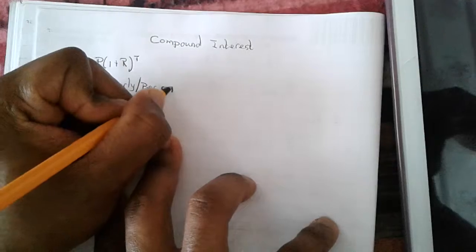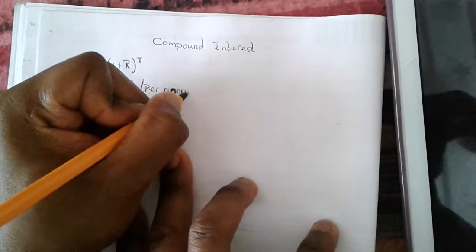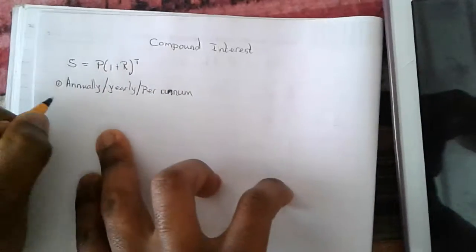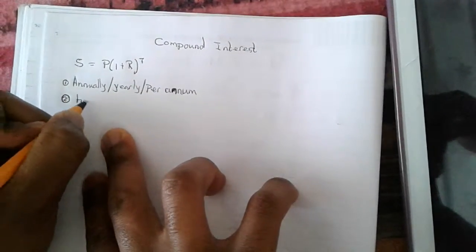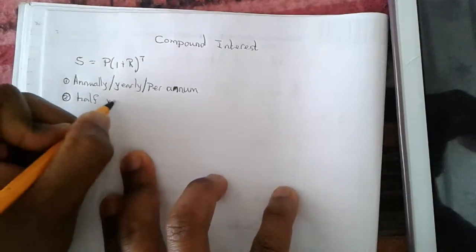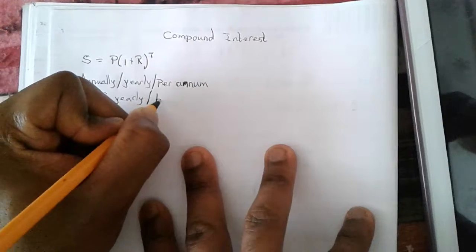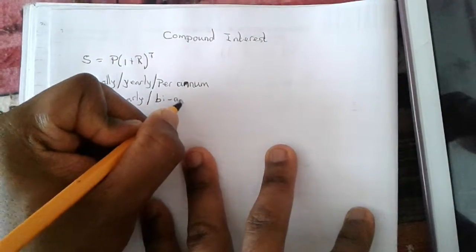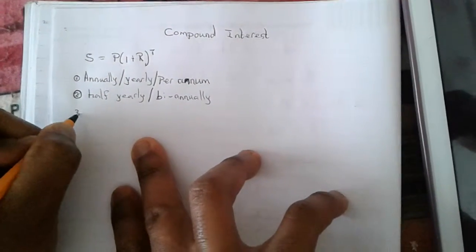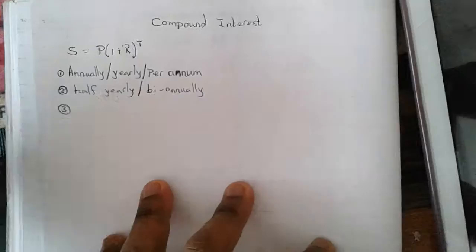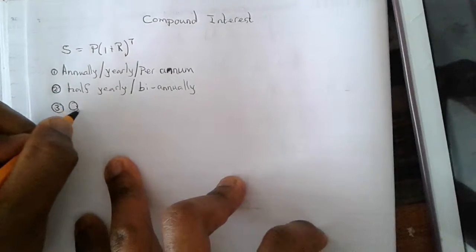And then two, it's either half yearly, or bi-annually. And then three is quarterly.